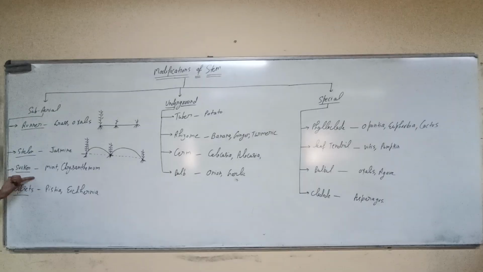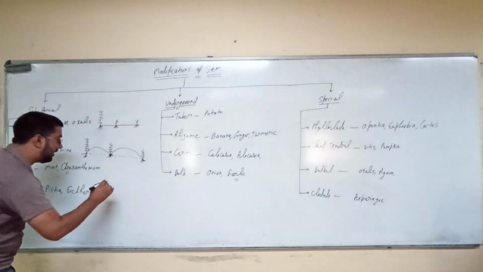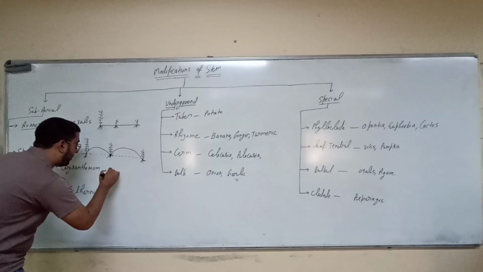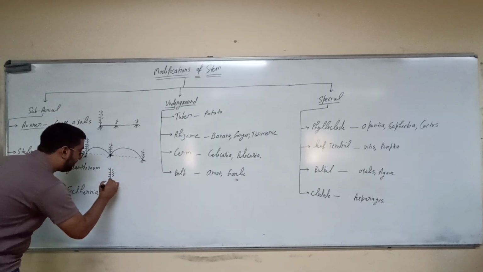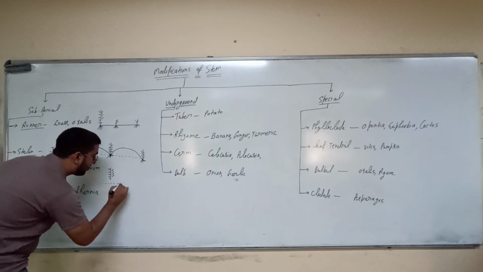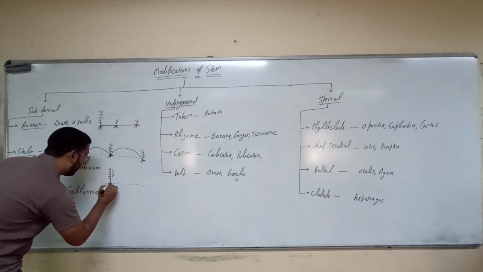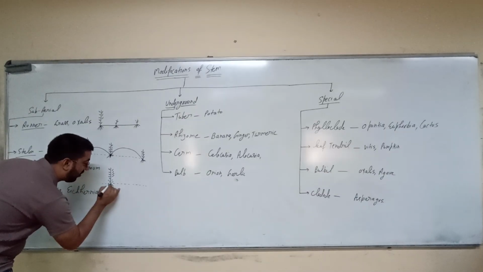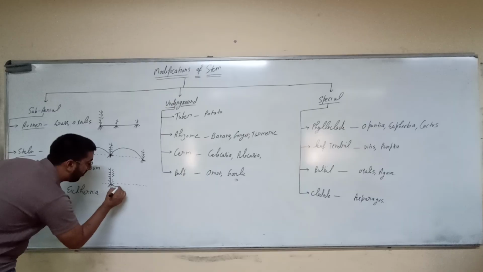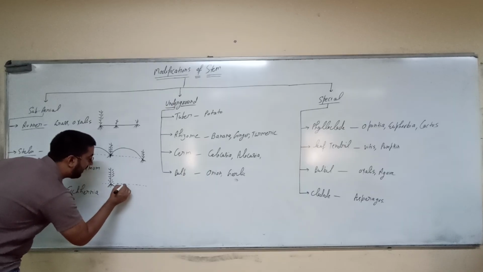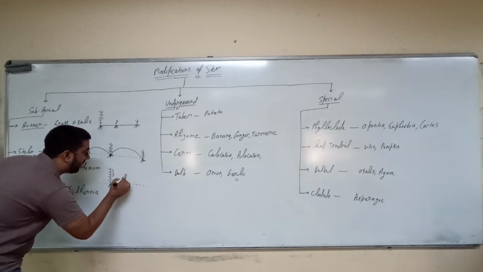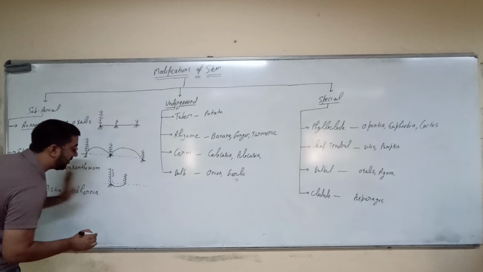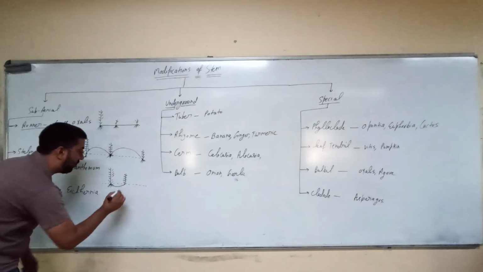Next one, the sucker. In the sucker, this is the plant. This portion is the soil. In case of a sucker, the node-like structure or modified stem moves underground, and when it comes out obliquely from the soil, it gives a new plant.